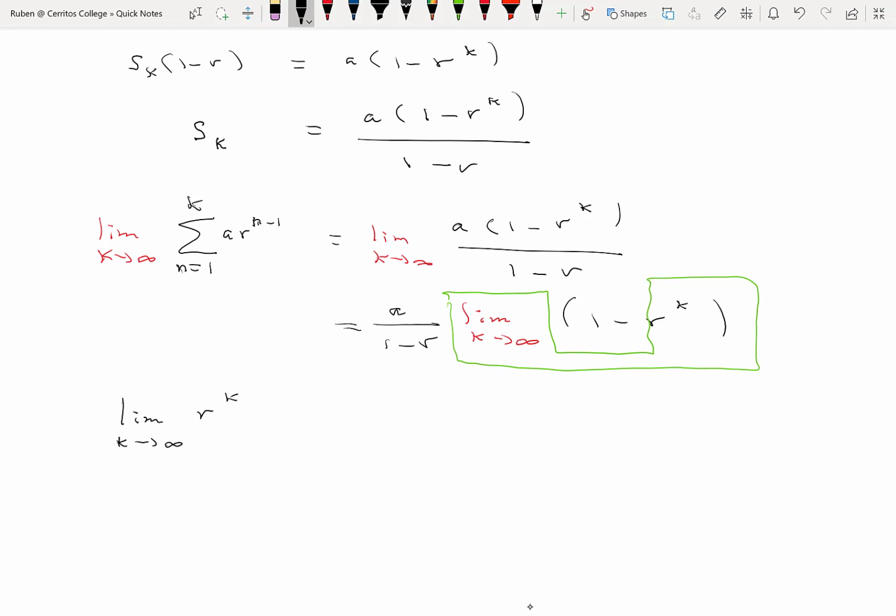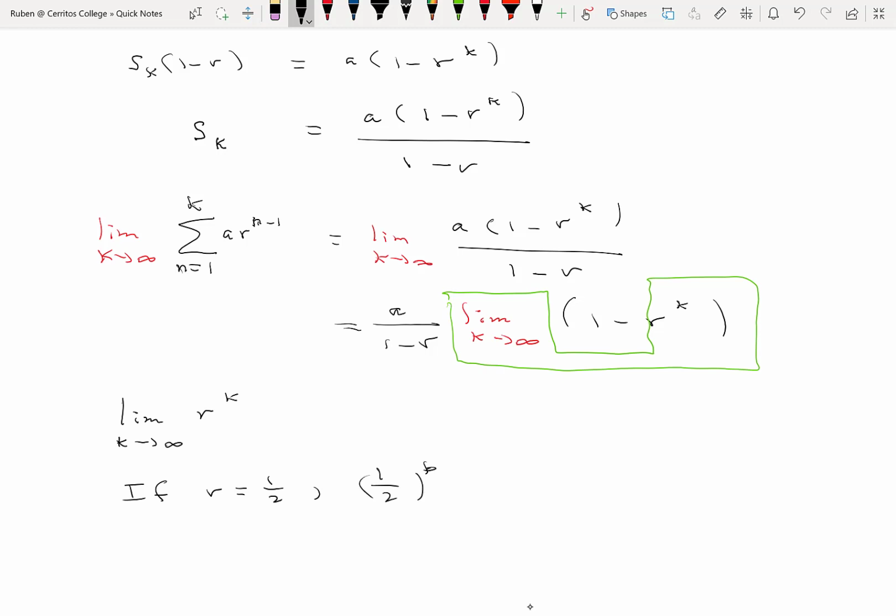In the first example, the person was ordering a half of their previous order each time because they were filling up and only needed a half of the previous order to get their next order. So if r was 1/2, you'd have 1/2 to the k.